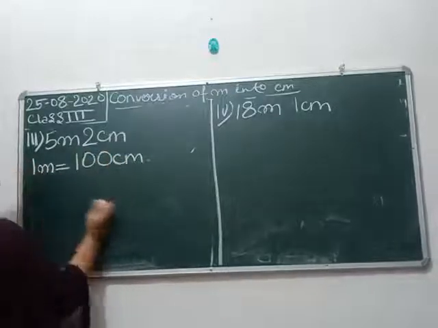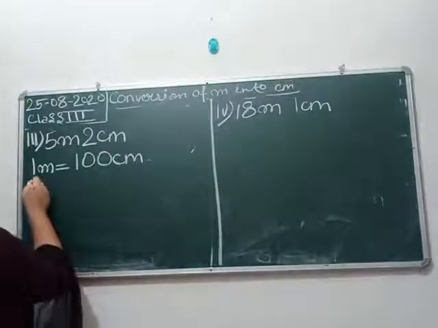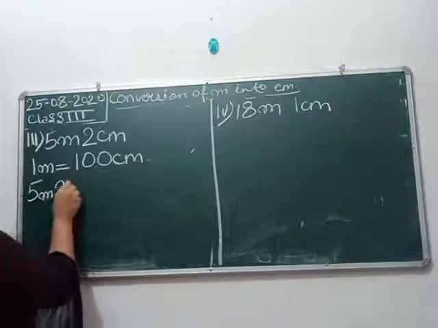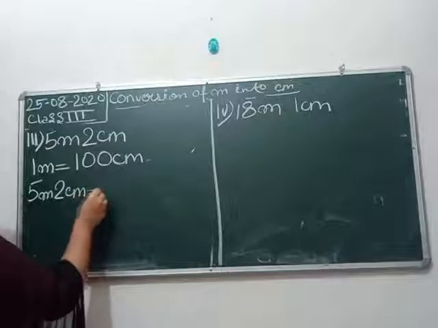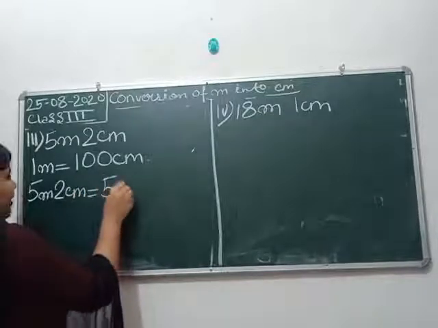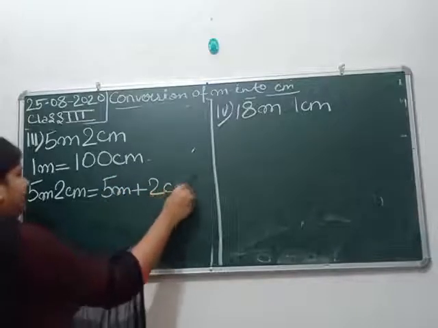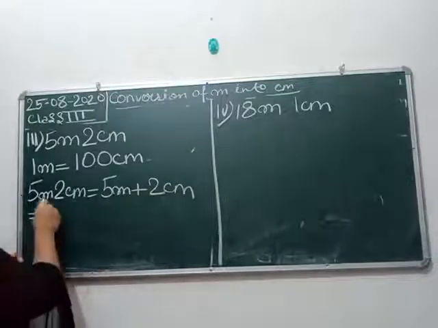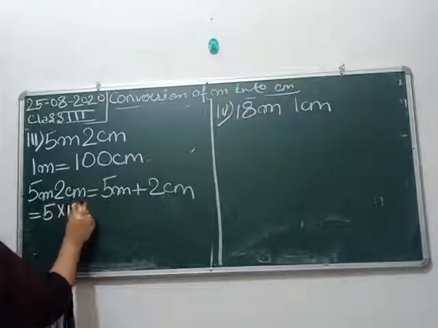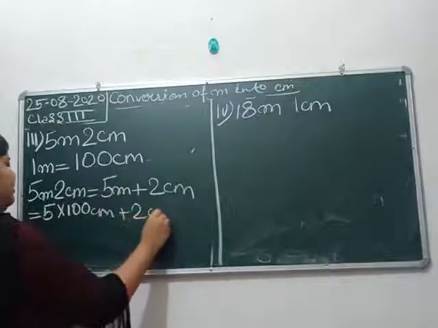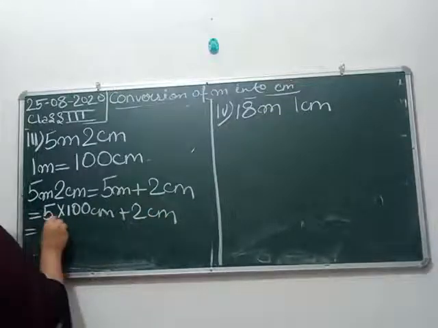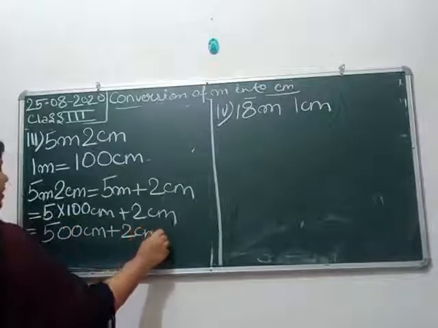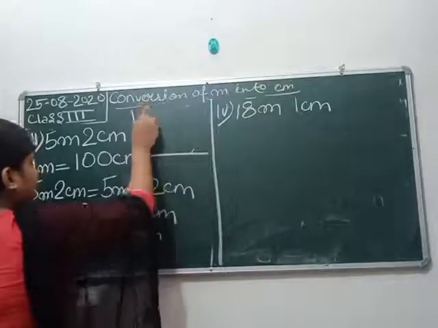And now next, 5 meter 2 centimeter is equal to 5 meter plus 2 centimeter, and it will give us 5 into 100 centimeter plus 2 centimeter. 5 into 100 we will get 500. So 500 centimeter plus 2 centimeter.